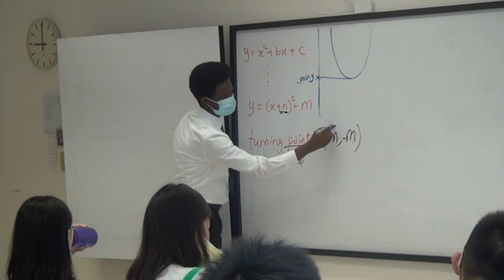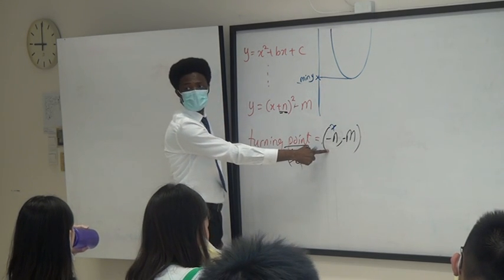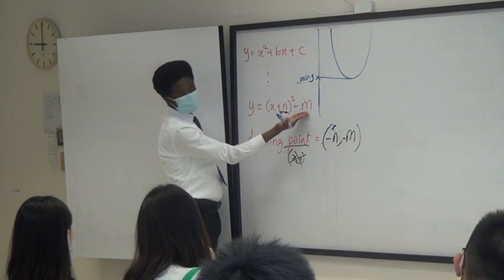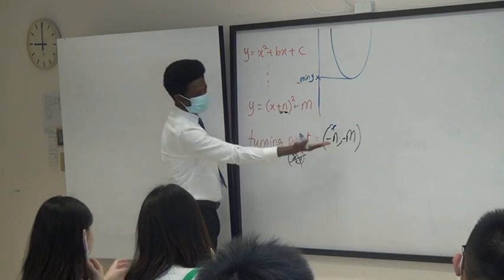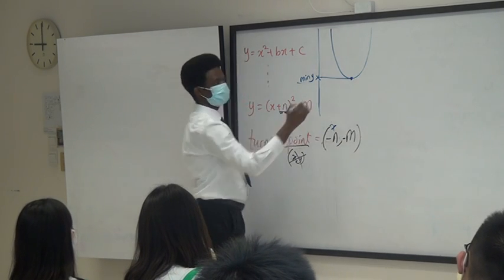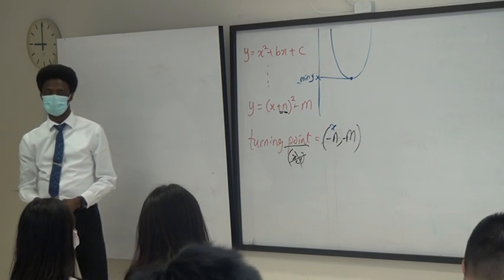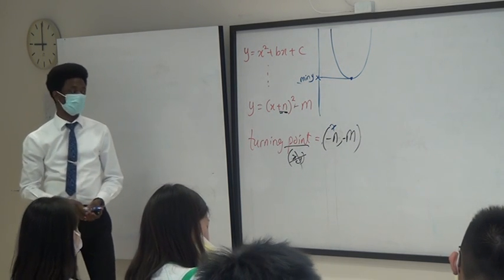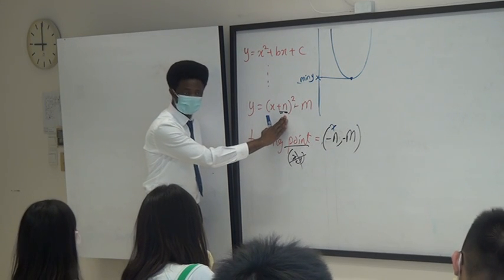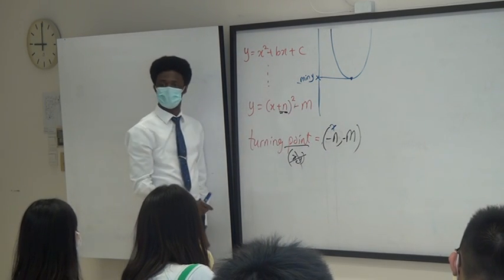That's why the x coordinate is minus n. And at x equal to minus n, when this is 0, what is left? m. And that's how we get the coordinates of the turning point. Understand? So don't forget, you change the sign for the x in the bracket, and you write the y exactly the way it is.